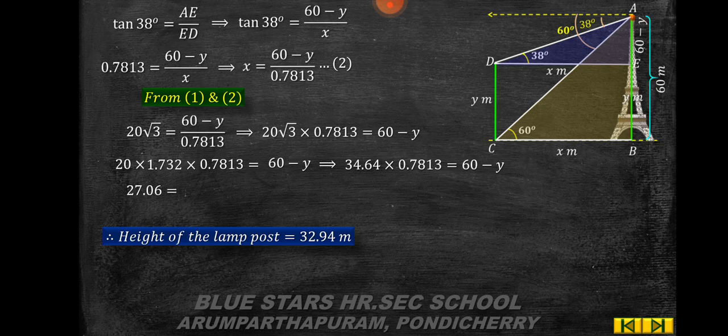You get 27.06 is equal to 60 minus y, which implies y is equal to 60 minus 27.06. So you get the value of y is equal to 32.94 meters. Therefore, the height of the lamp post is 32.94 meters.